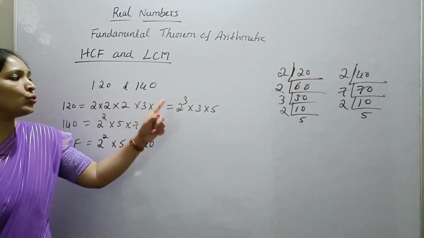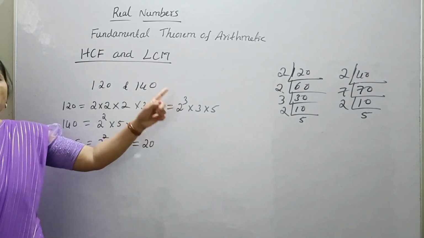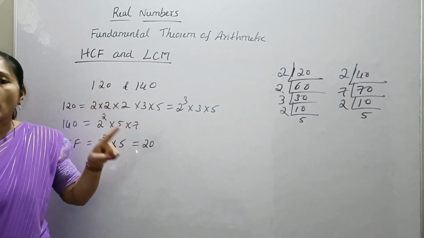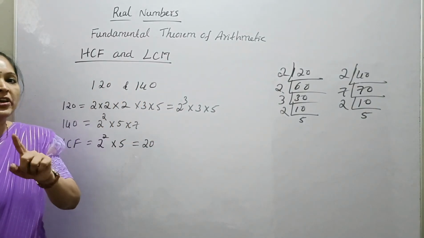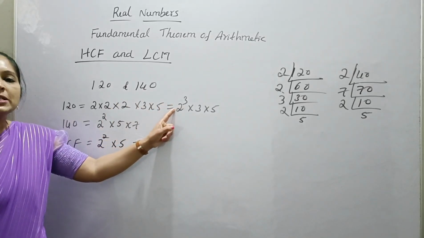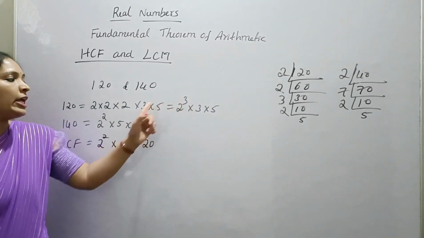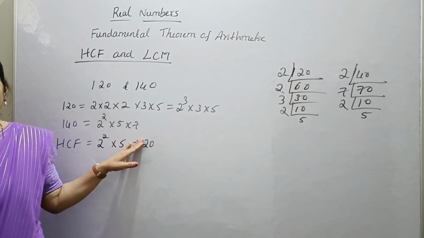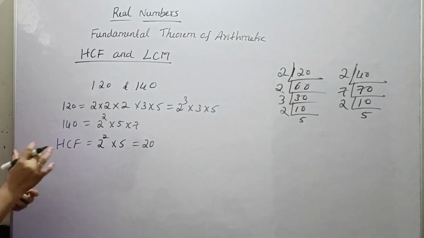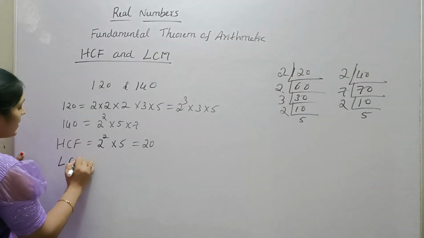So remember, you have to write the smallest power of each common factor involved in these numbers. That is HCF.